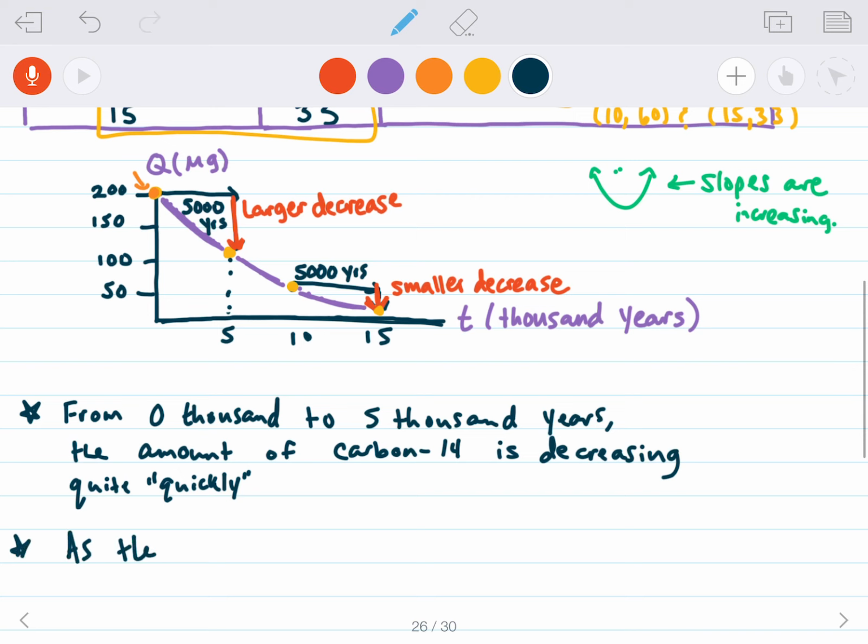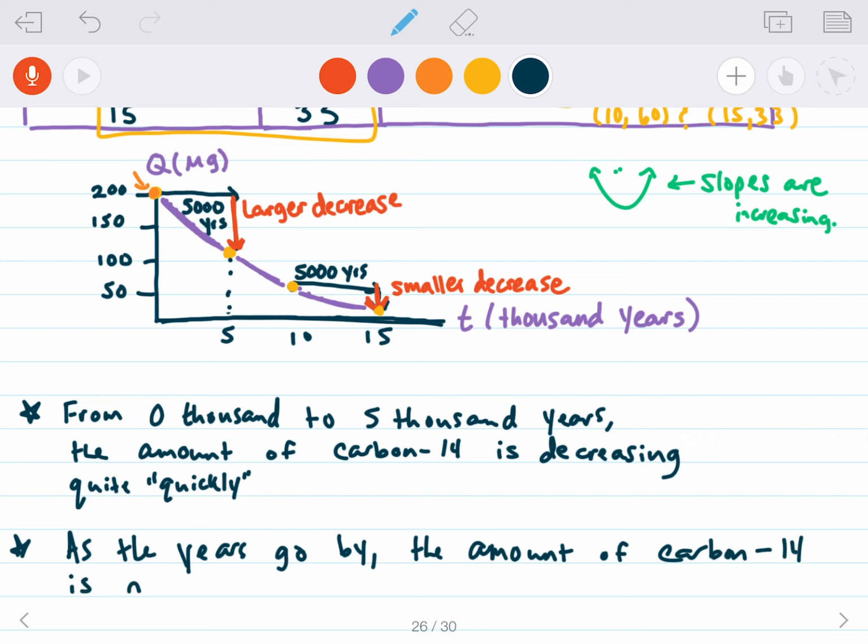As the years go by, the amount of carbon-14 is decreasing, just not as quickly.